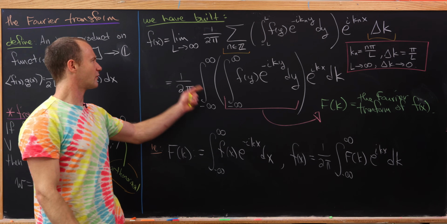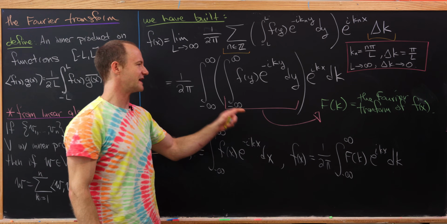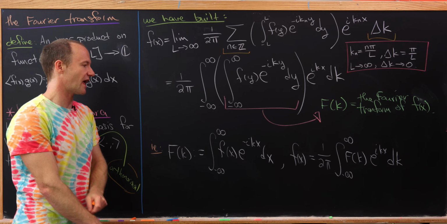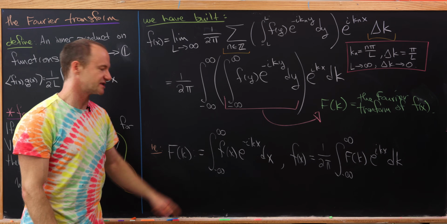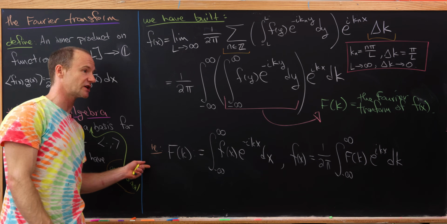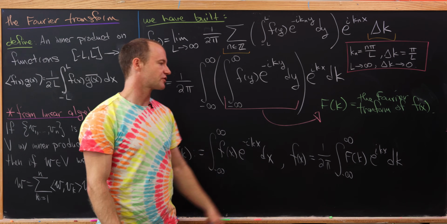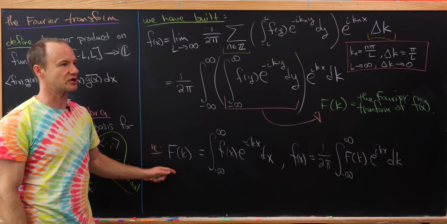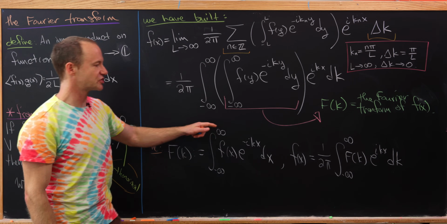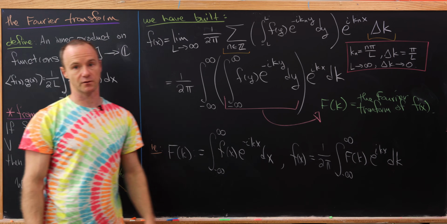Because that's exactly what this thing is if we replace the pink underlined stuff with f hat of k. So there we have it. We've got an integral which takes us from function to Fourier transform, and an integral that takes us from Fourier transform back to the original function. So in other words, we've got the Fourier transform and the inverse Fourier transform.